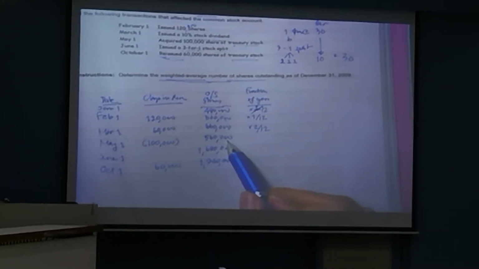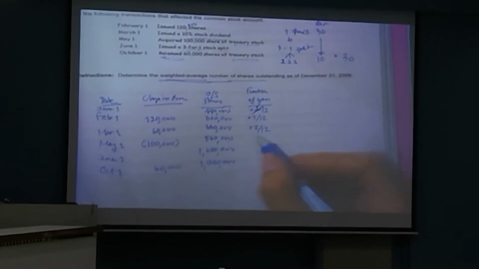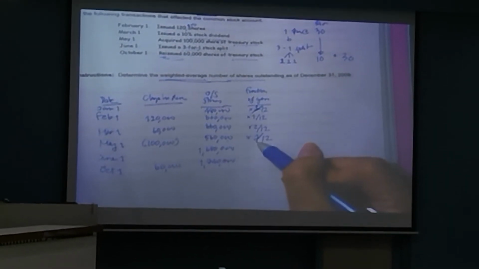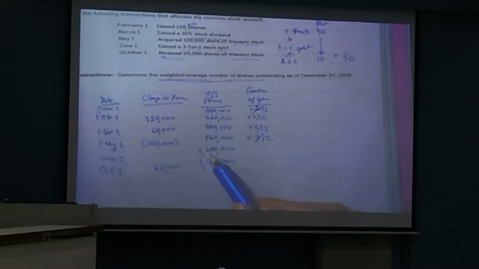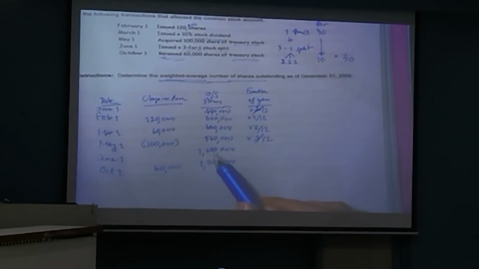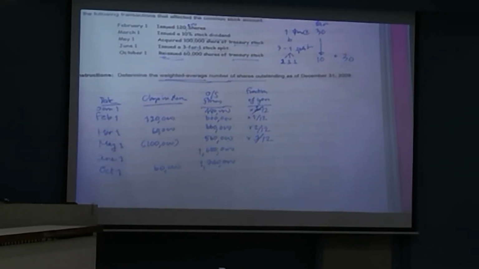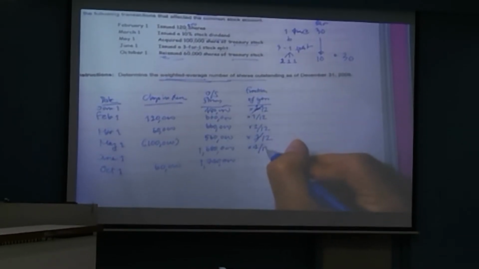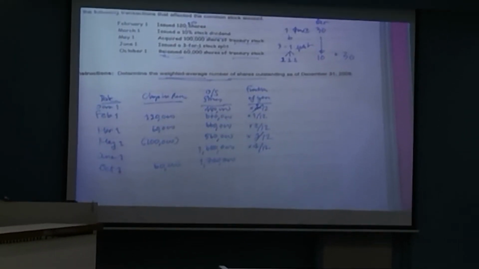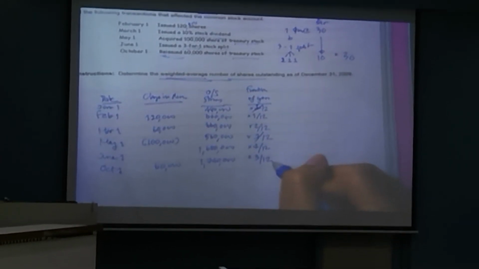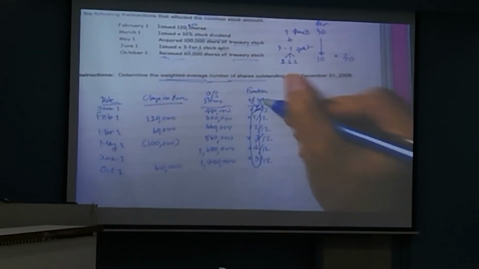The 560,000 shares from May to June last for 1 month, 1/12. The 1,680,000 shares from June to October, June, July, August, September, last for 4 months. From October to December, these shares last for 3 months. If you add all the numbers, you should have 12 months, isn't it?